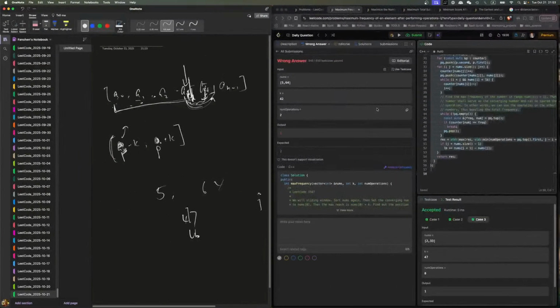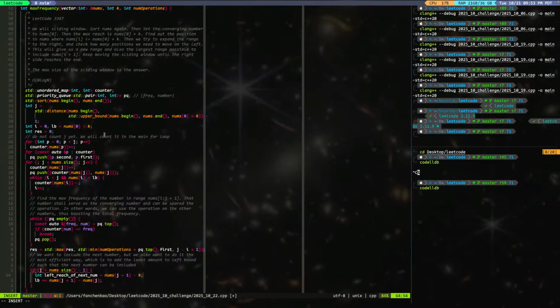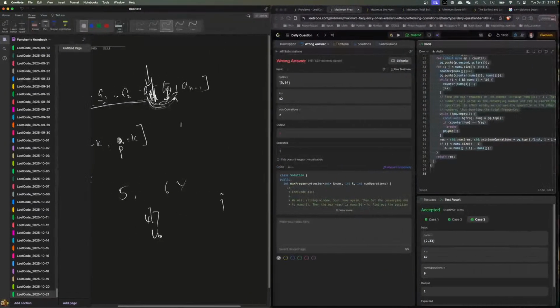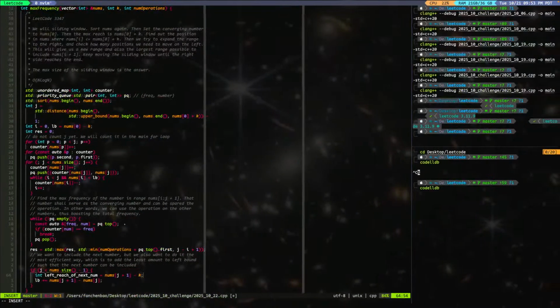The left bound always starts at 5, and that would be negative whatever, and then j will be pointing to 5. So j will be here, i will be here.